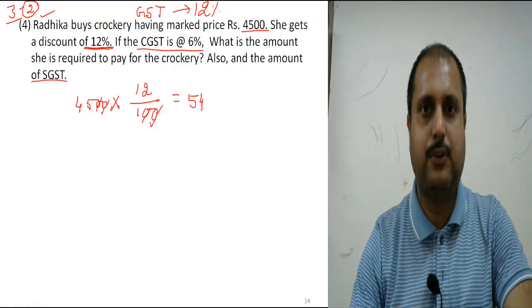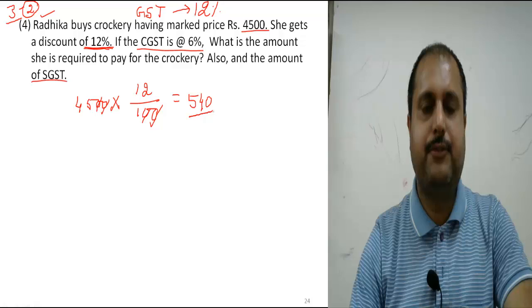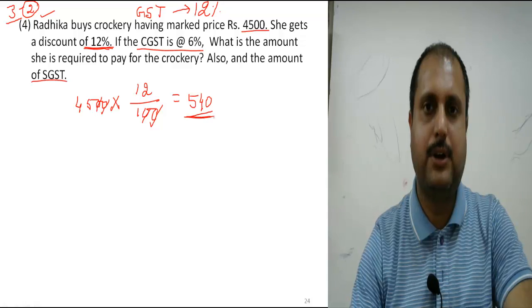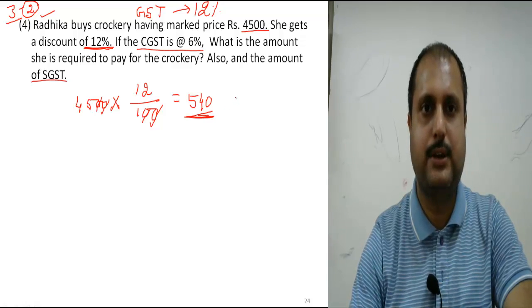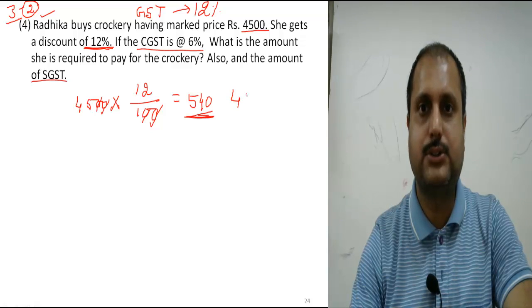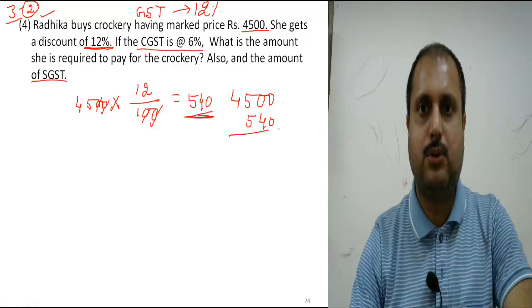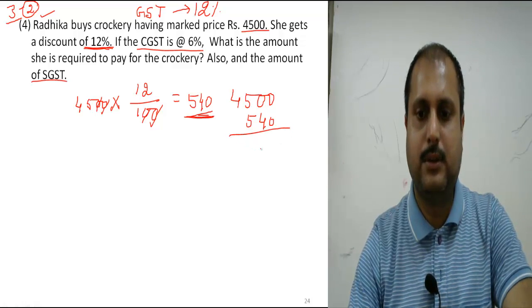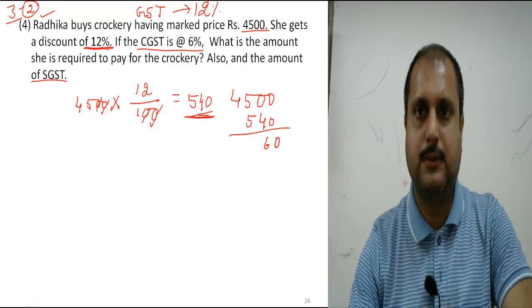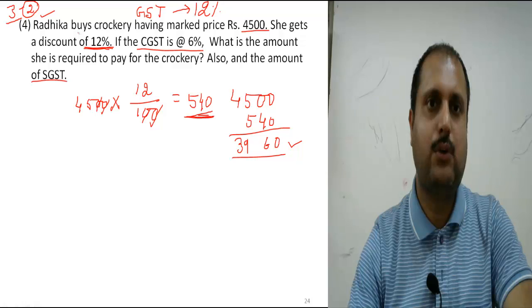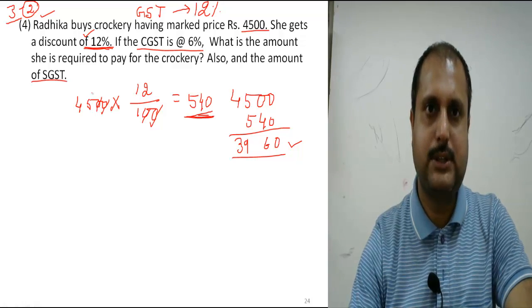So 540 is the discount she is getting. The total amount after deduction, 4,500 minus 540, will be 3,960 as the amount of the crockery after getting the discount of 12%. I hope up to this it is clear.